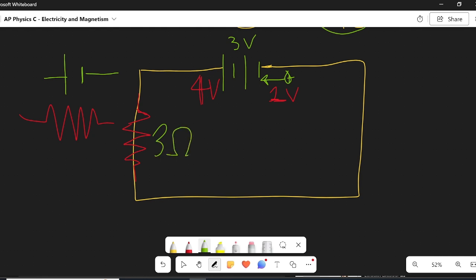And then using methods we'll focus on later today, as a charge passes through this resistor, its potential will drop. So let's say it's at 4 volts now. Now it'll go down to 1 volt.